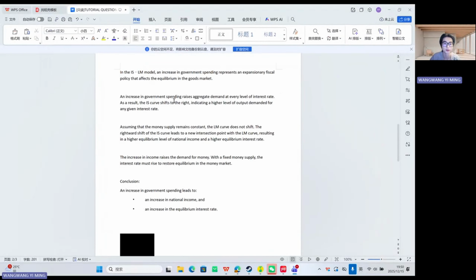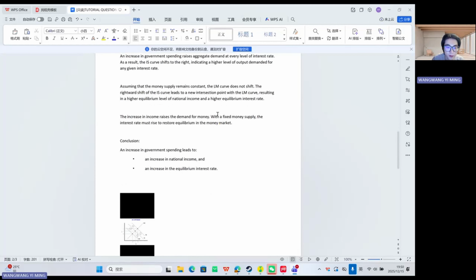So for question 1, in the IS-LM model, an increase in government spending represents an expansionary fiscal policy that affects the equilibrium in the goods market. An increase in government spending raises aggregate demand at every level of interest rate. As a result, the IS curve shifts to the right, inducing a higher level of output demanded for any given interest rate.